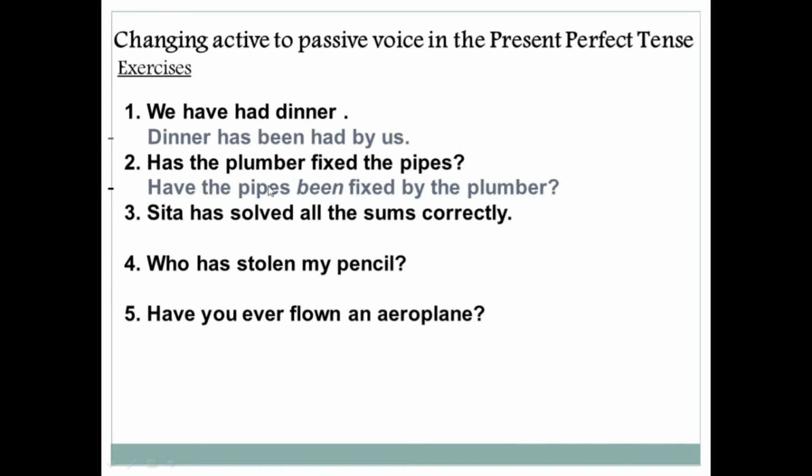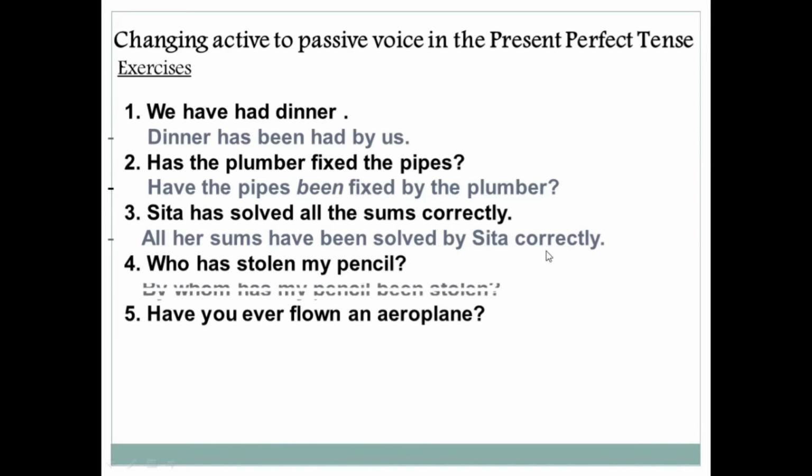Have the pipes been fixed by the plumber? Number 3, Sita has solved all the sums correctly. All the sums are the object, so the object is in the plural form again here. So your answer will be: all her sums have been solved by Sita correctly.